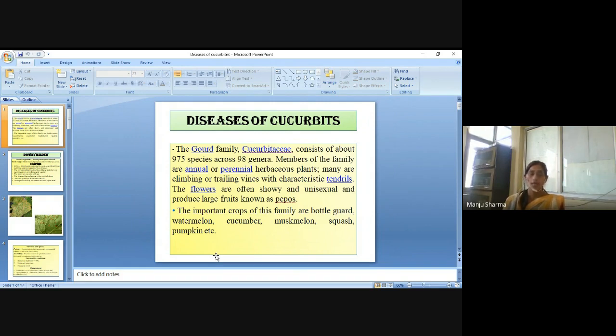The flowers are often showy and unisexual, and produce large fruit known as pepo. The important crops of this family are bottle gourd, watermelon, cucumber, muskmelon, squash, and pumpkin.